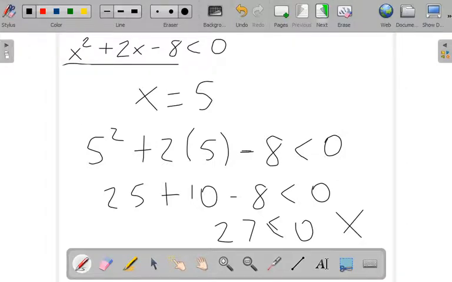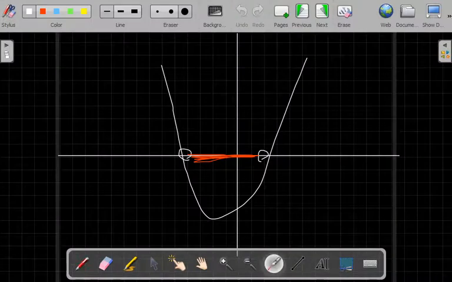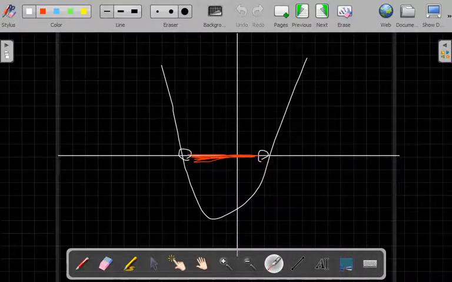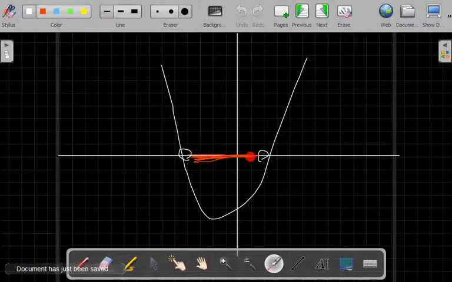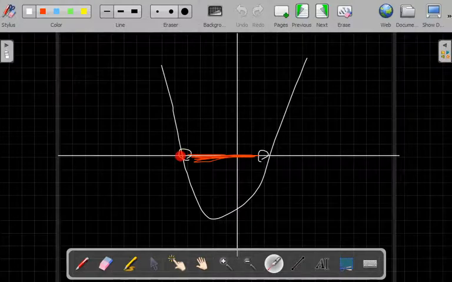So now we know that these values on this side do not make this statement true. So we just have these values in here that did make the statement true. So we just have this line that we drew with the open circles right here. And this is our answer. So if you're looking at this and you want to know what that means, it means these values inside from negative 4 to 2, so we can write that, right?